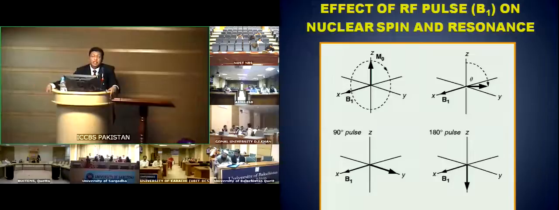So you can just play with it. If I want to bring the proton magnetization vector to 180, minus Z, from where should I have my oscillator? Anywhere, right? It should not really make any difference. It can be anywhere.